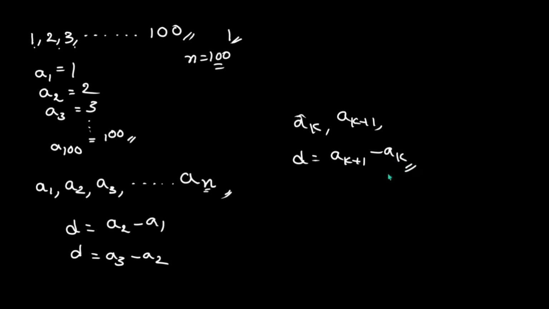Which number is K? We don't know, it is somewhere in between the series. For example, here K may be 50, 40, 30 or something like that. Instead of writing the first two, it may be any number. K may be anything.